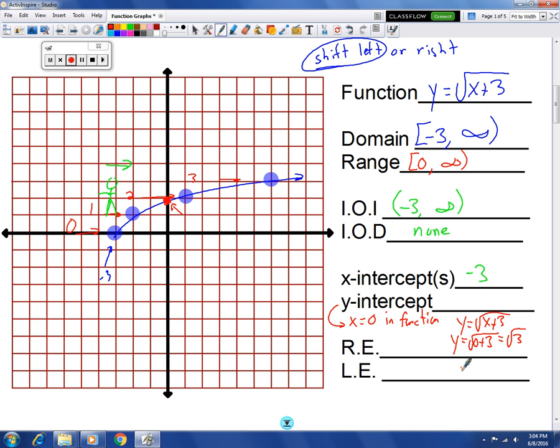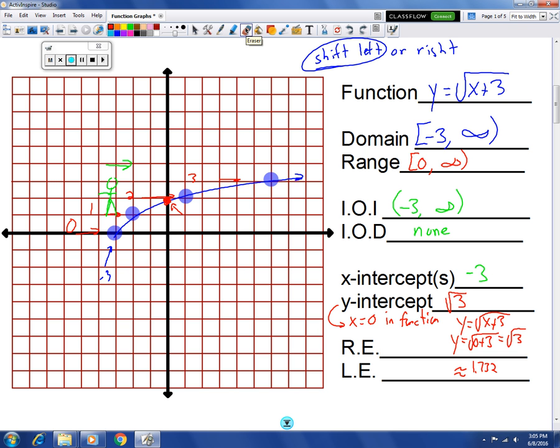The square root of 3 is approximately 1.732. I'm going to write my answer as square root of 3. If you're not used to that, it's okay. We don't always have to have a decimal. Instead of writing 1.732, it's okay to write square root of 3.